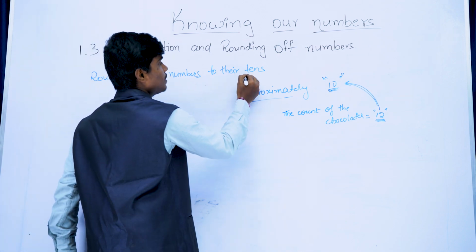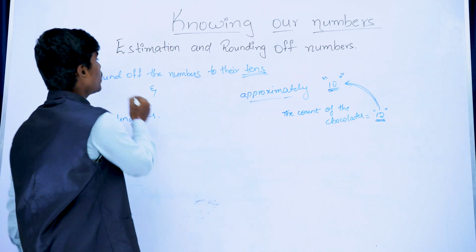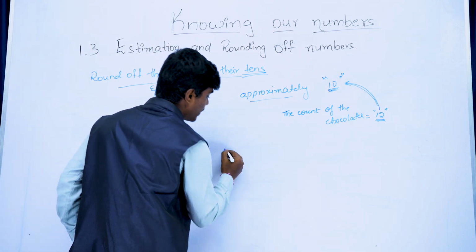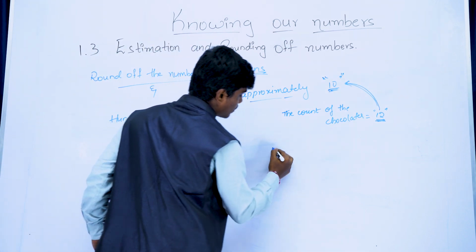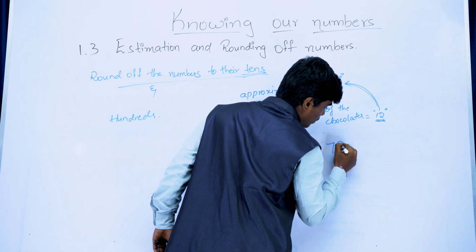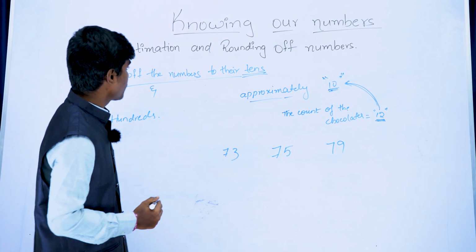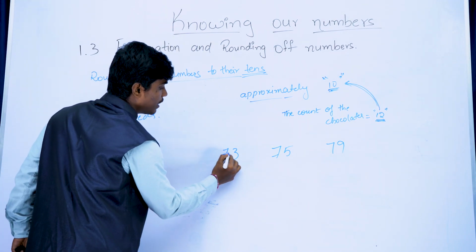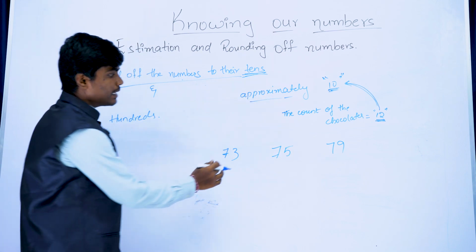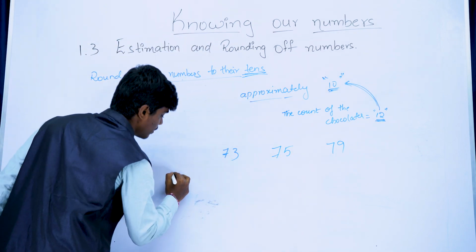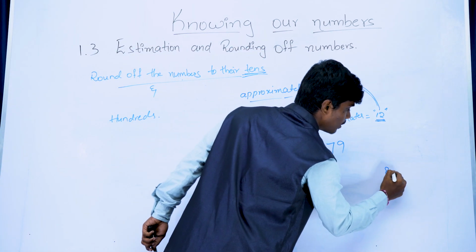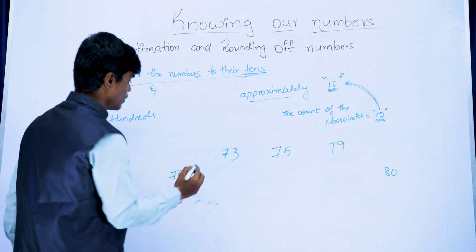See, first we look at rounding of numbers to their tens. Suppose you take the numbers 73, 75 and 79. Here it says round off the numbers to their tens. These numbers lie between 70 and 80.